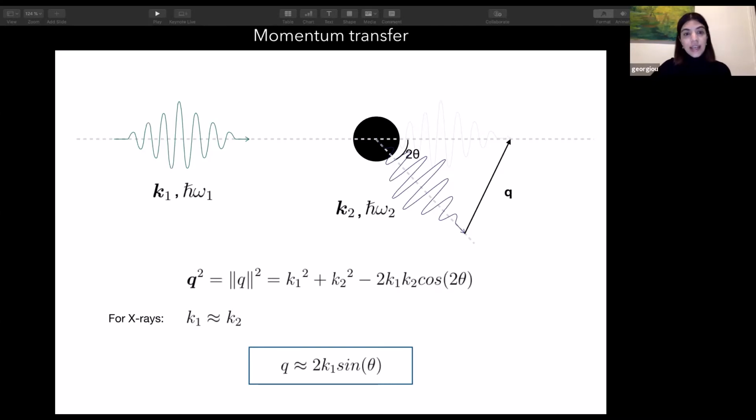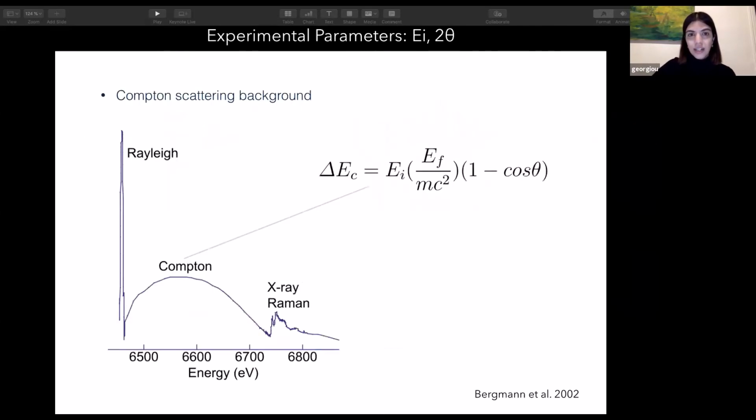An important parameter of the XRS process is the momentum transfer. The way we choose the incident energy and the scattering angle at which we are going to perform our experiments defines the momentum transfer.